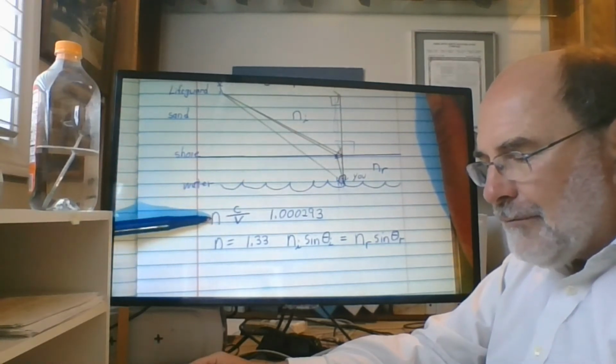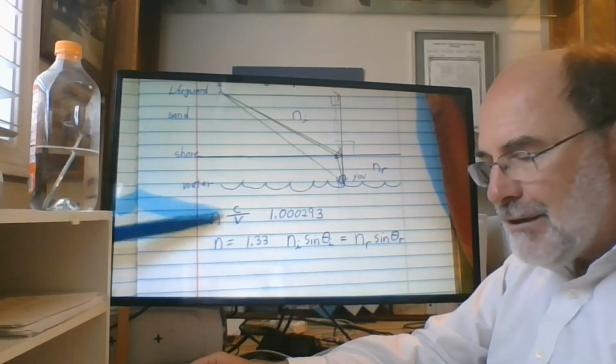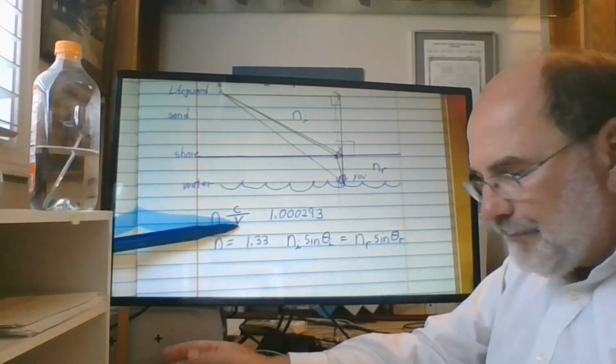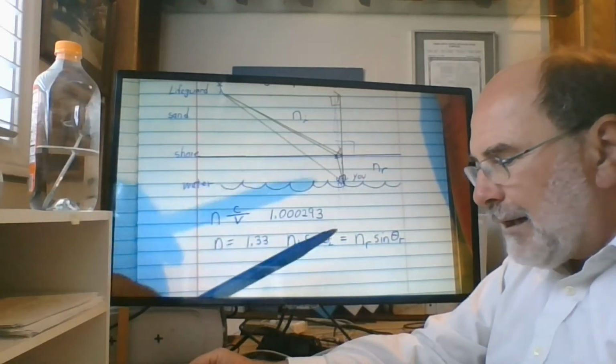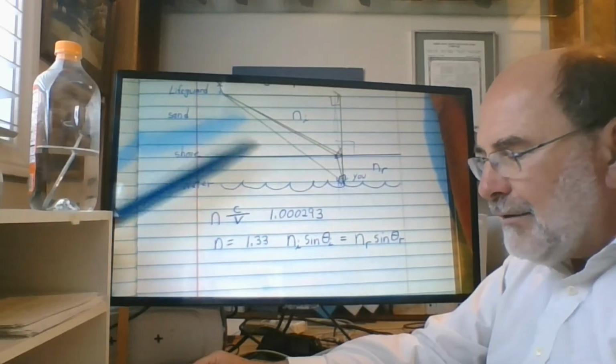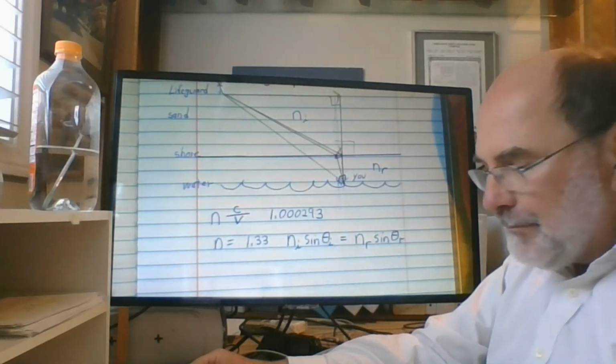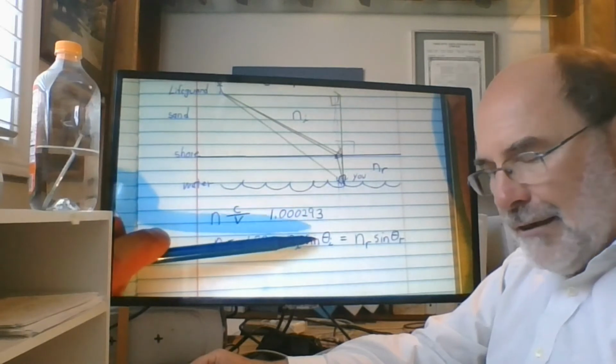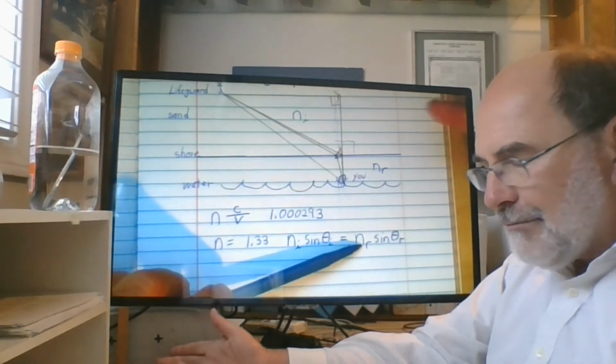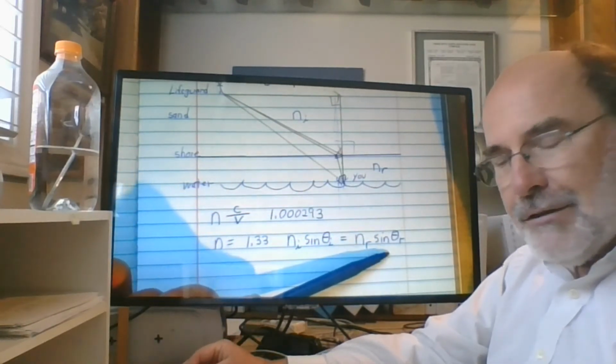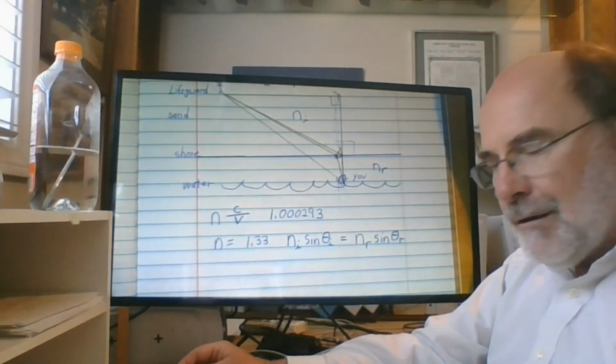One is the formula for calculating the index of refraction if you were given the speed of light in that material. And the second one is given any three of these variables, index of refraction, angle of incidence, index of refraction, angle of refraction, solve for the one unknown.